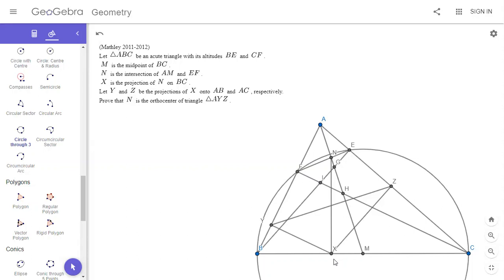So AX is a median. Are I and H orthogonal?